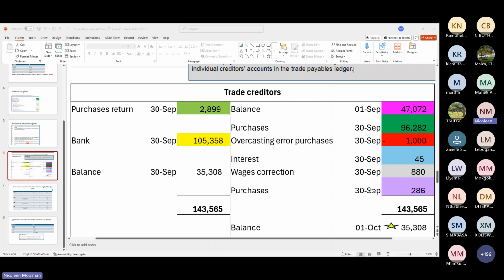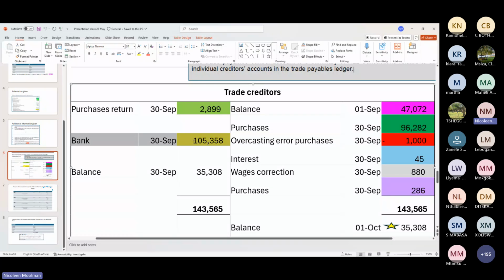I still don't know why bank is debited. I think in this example, bank is not being debited. This is just the description. Your trade creditors general ledger account is being debited with 105,358, and your bank account is credited because this is the money that you paid your creditors to settle your creditors' outstanding balance.